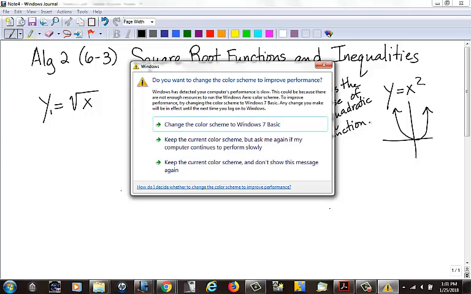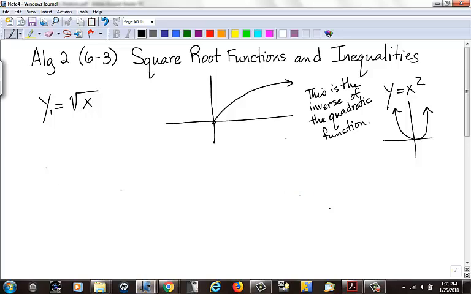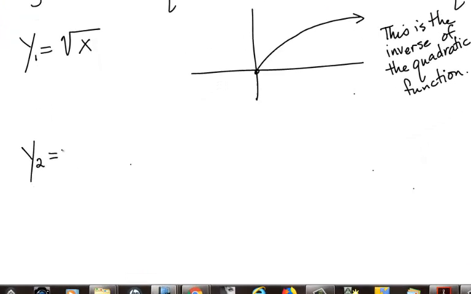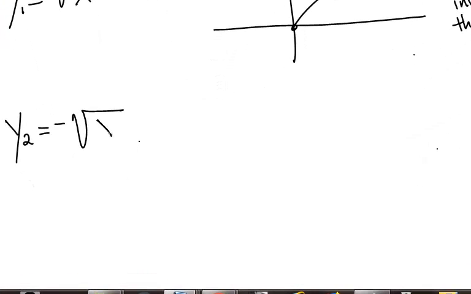Okay, so then let's graph another one. What happens if in y sub 2, let's graph a negative square root of x. So turn this one off. To turn this one off, you get your cursor on that equal sign.